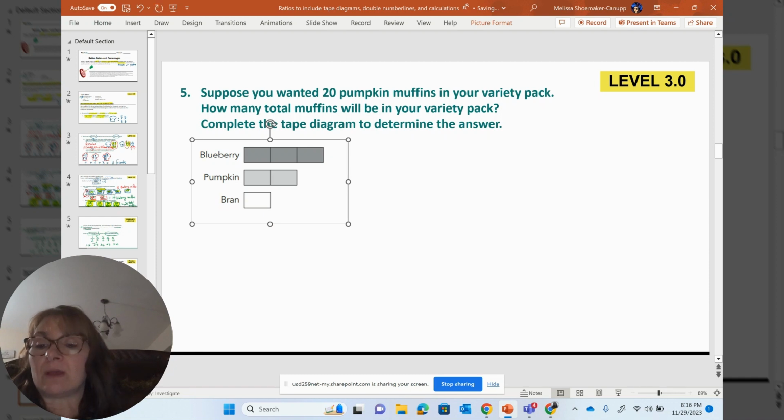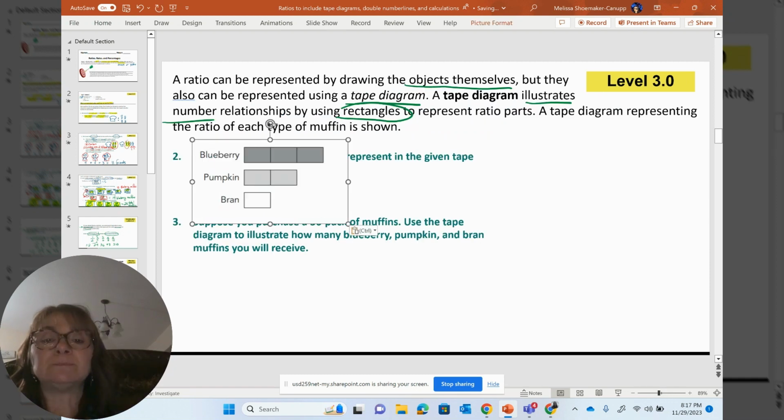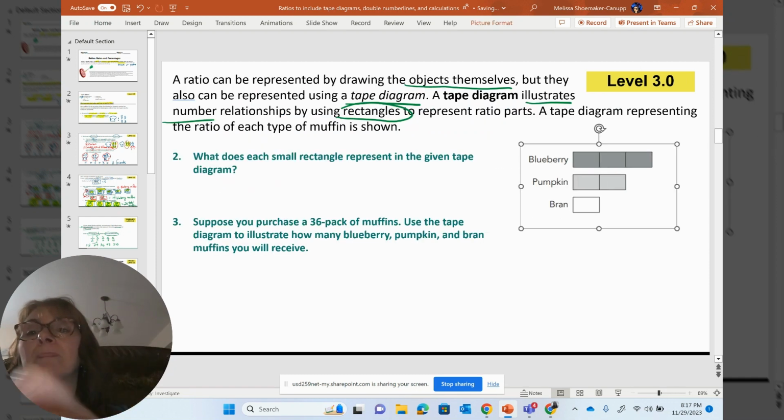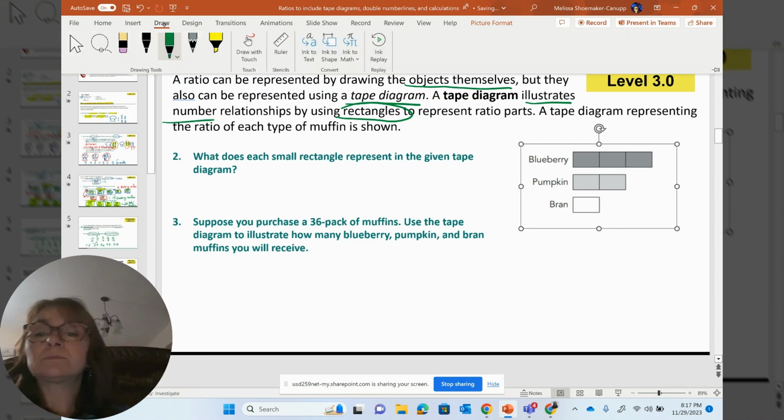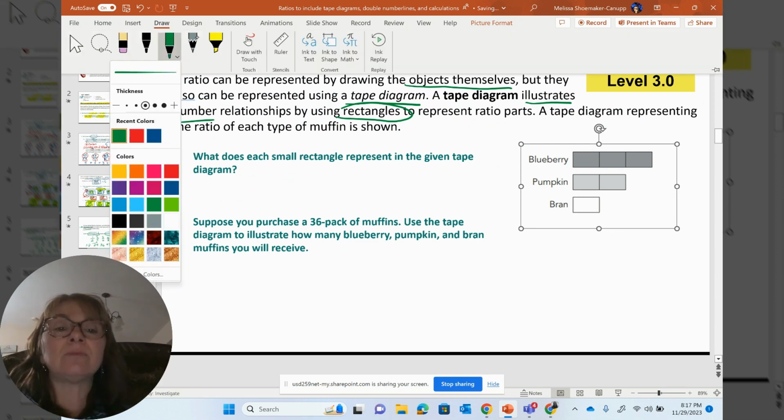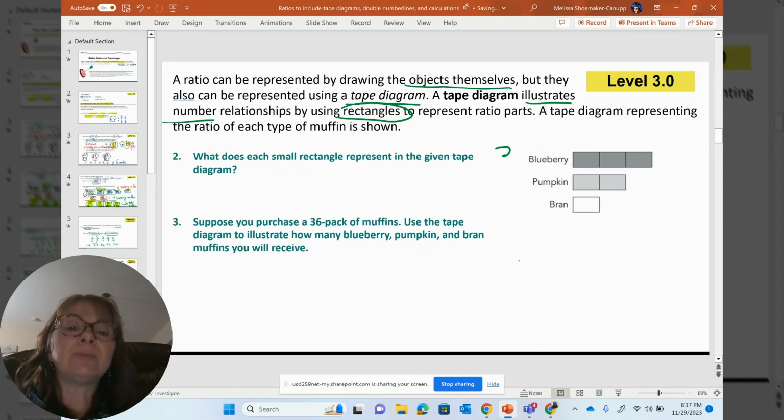So I'm going to go grab it again and paste it in here. There we go. So, what does each small rectangle mean? Remember, we have 3 blueberry, 2 pumpkin, 1 bran. So the blueberry then has 3 rectangles. The pumpkin in the variety pack comes with 2 pumpkins, so there's 2 rectangles. So each rectangle is 1 muffin.